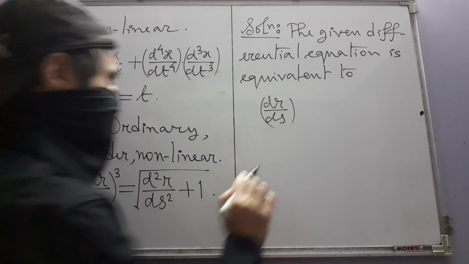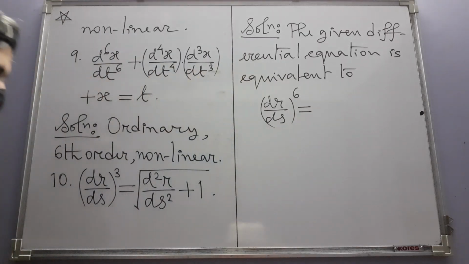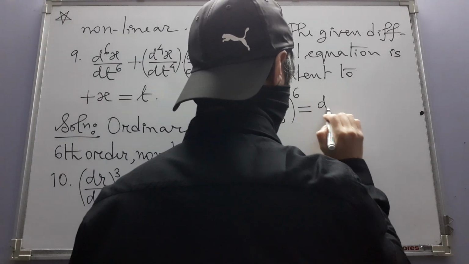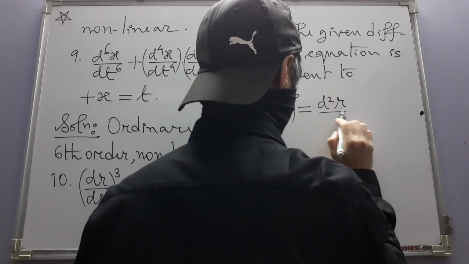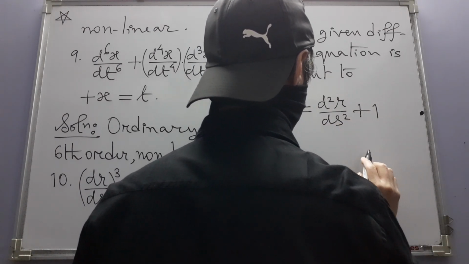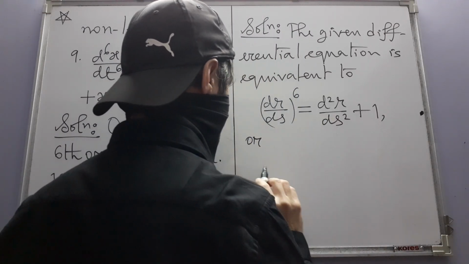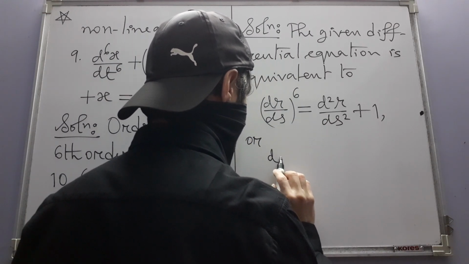So if we square, the left hand side will be a sixth power and the right hand side will be d squared r ds squared plus 1, or if you want you can bring all those things to the left hand side.